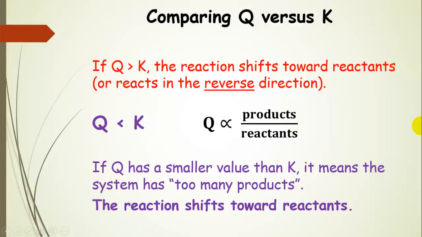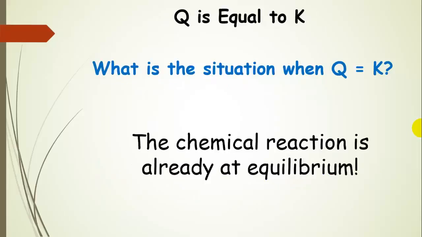And so the reaction is going to shift to use up products or create reactants. Either way, it's going in the reverse direction. Now, what happens if Q is equal to K? This is a happy situation because it just means that the chemical reaction is already at equilibrium. So when Q is equal to K, the system is at equilibrium already.